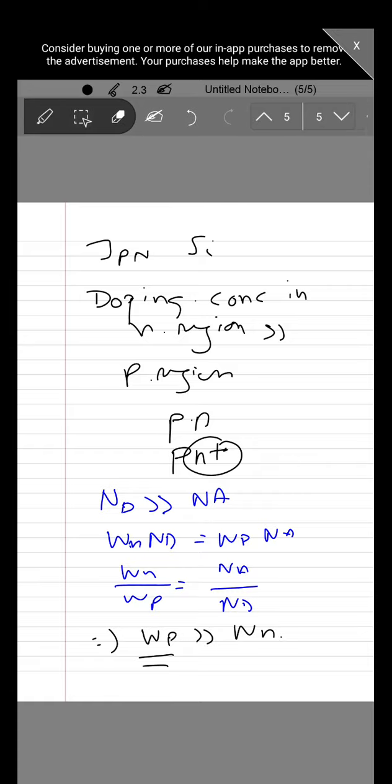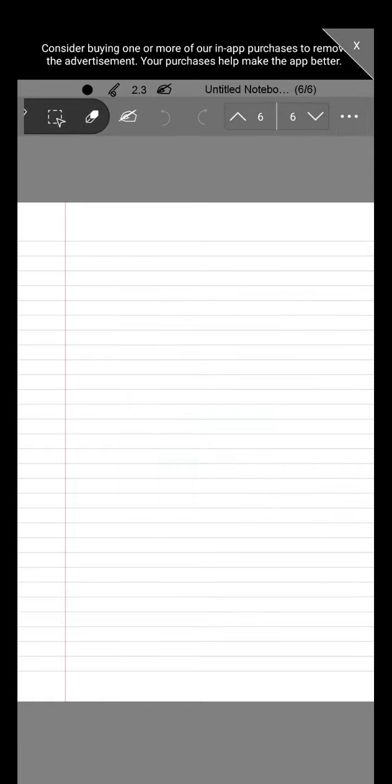The next problem is in a silicon junction transistor.